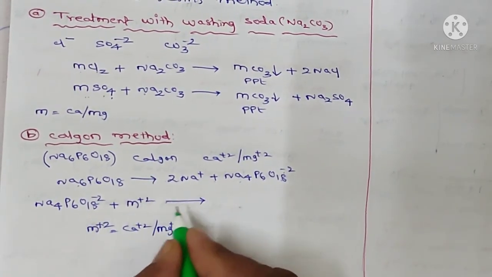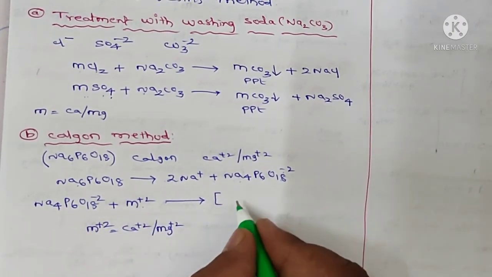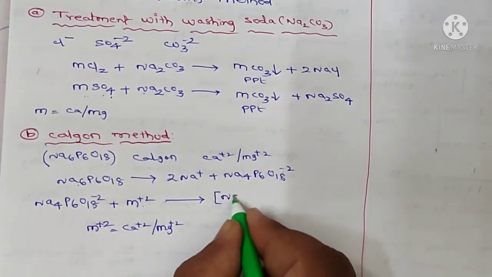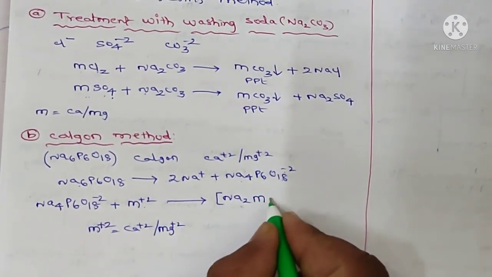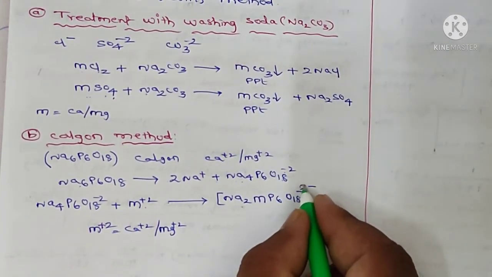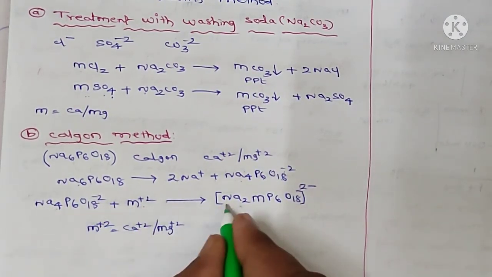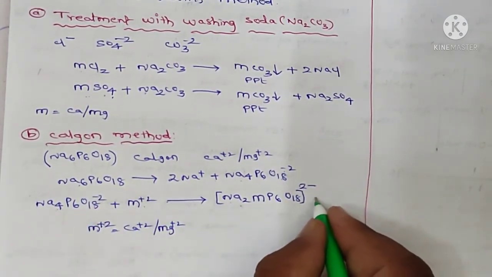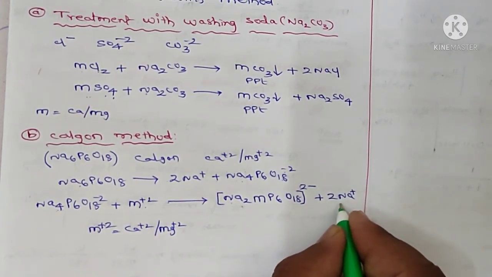So then this complex ion reacts with hard water, then it will give the complex Na2MP6O18 with 2 minus charge. So here it will lose 2 Na plus ions.